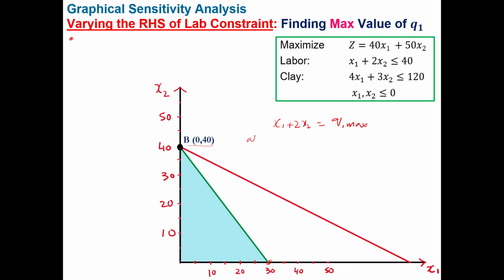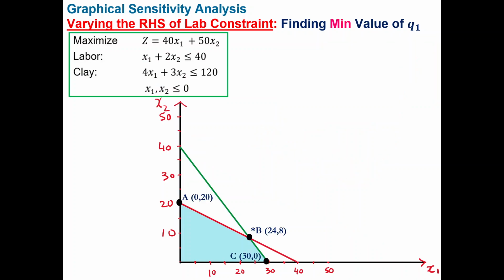At B, where the coordinates are (0, 40), we put x1 as 0 and x2 as 40. So q1 max is equal to 80. That means we can increase the right hand side of the labor hours from 40 to 80, and we will still end up with the same solution structure.